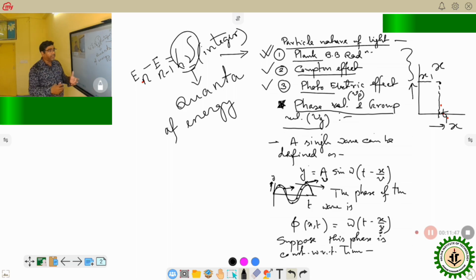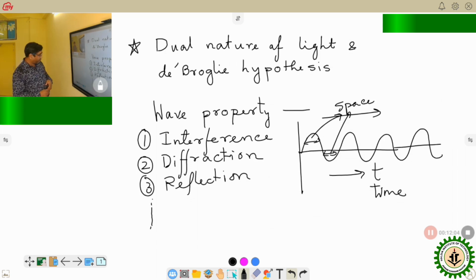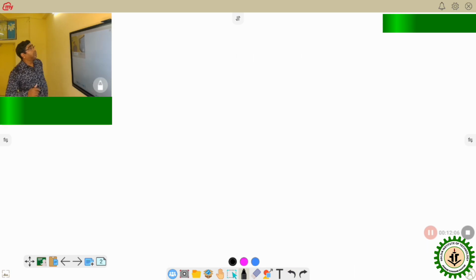So how can they be connected to each other? It is almost impossible. But cleverly, the scientist de Broglie proposes that we can draw a bridge between them.